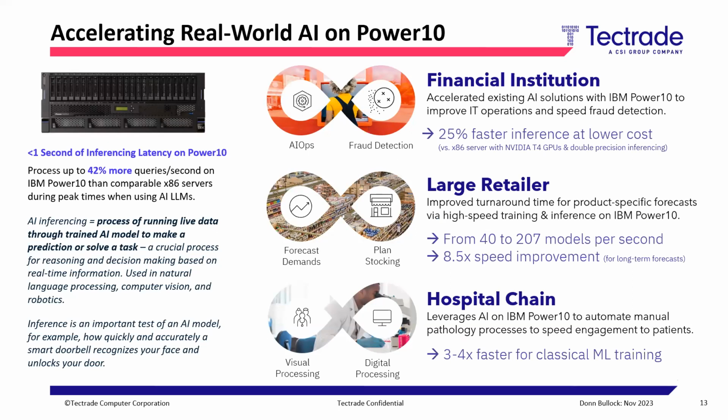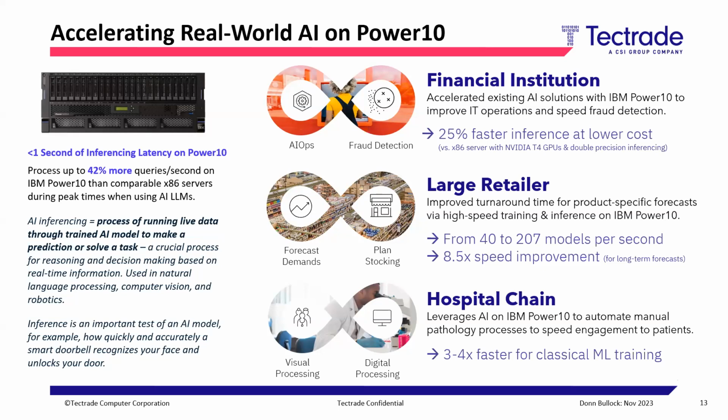As we look out into the marketplace, however, there have been a number of different things that have popped up that are really attractive relative to how customers are leveraging Power10 and AI to change their businesses. A financial institution was able to increase the speed of their AI environment by leveraging the performance of their Power10 environment. A large retailer was able to improve the speed of their forecasting and improve their overall supply chain.